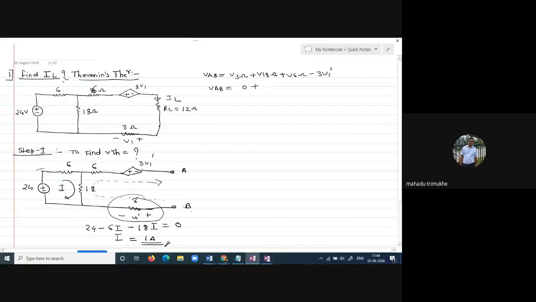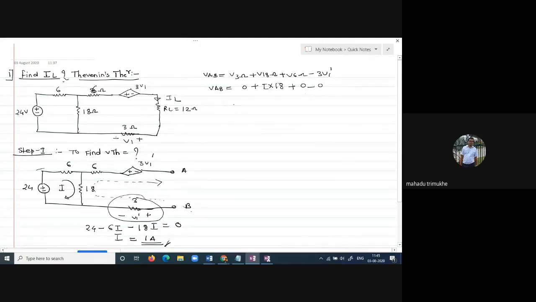V18 is present because some current is flowing through the 18 ohm resistor because of your first loop, right? That is I multiplied by 18, plus V6 is 0, then minus 3V1 dash, which should be 0 again.